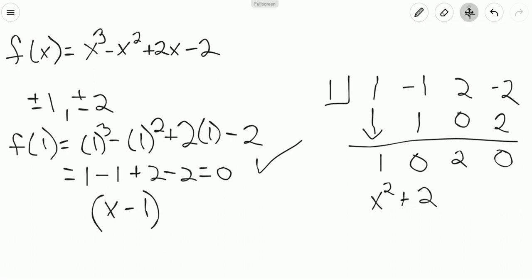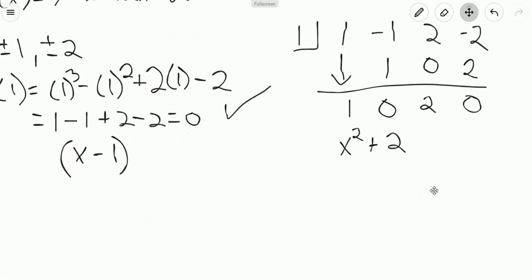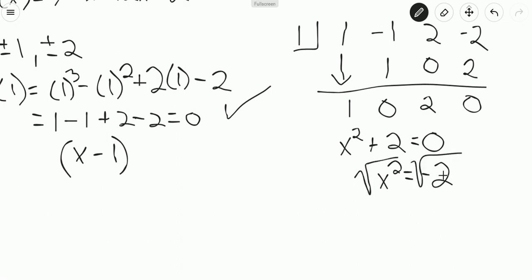So now what we're going to do is take that x squared plus 2 and find the zeros of that. So we're just going to set that equal to 0. So x squared equals negative 2. Take the square root of both sides, and we see we're going to have a complex root here. x is going to equal the square root of 2 times i.